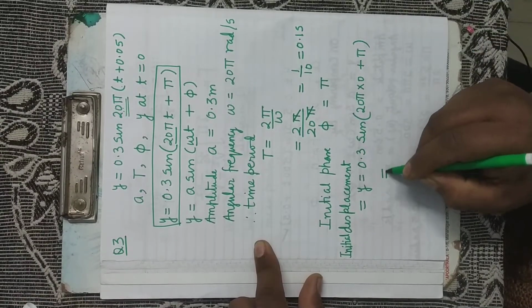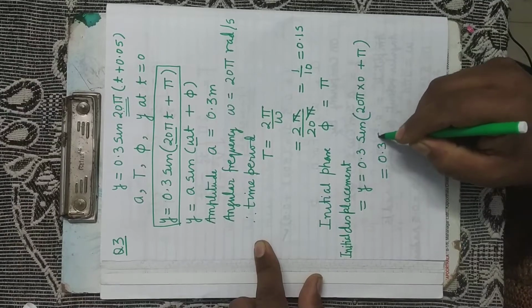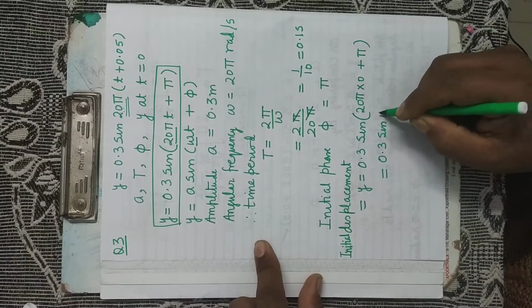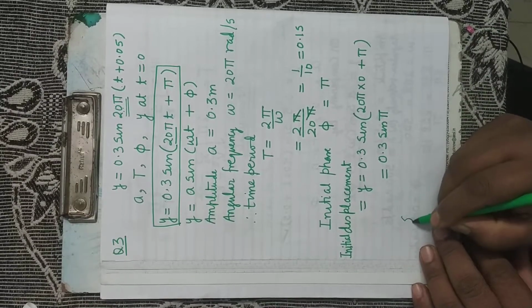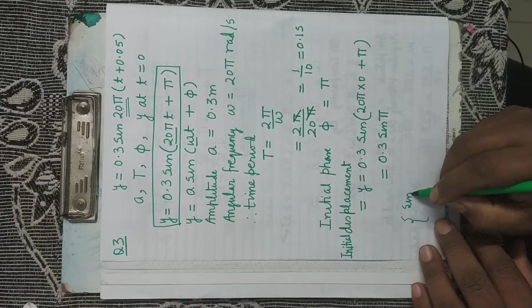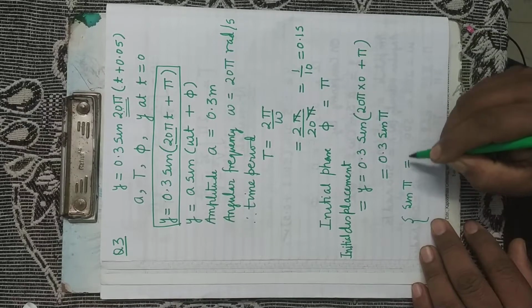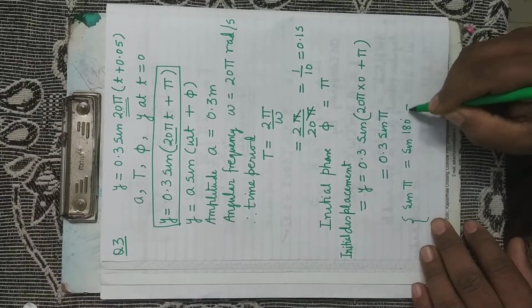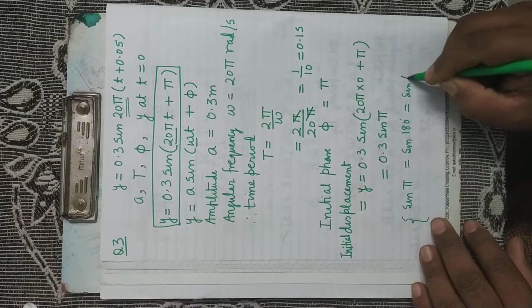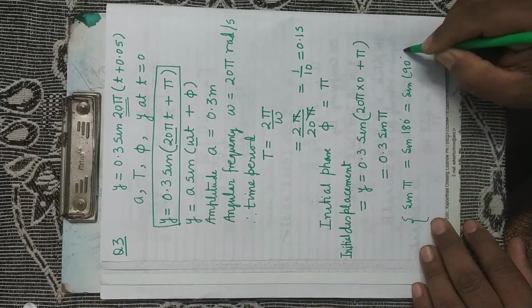So what will be left? 0.3 sine pi. And what is sine pi? Sine pi means sine 180 degree. Sine 180 degree equals sine 90 plus 90.